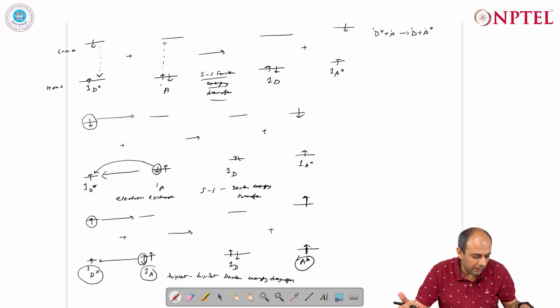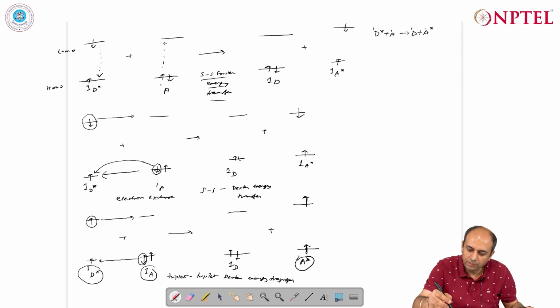So, we can actually look at some examples to understand these photoexcitation processes more closely.